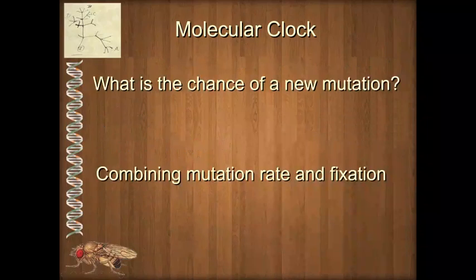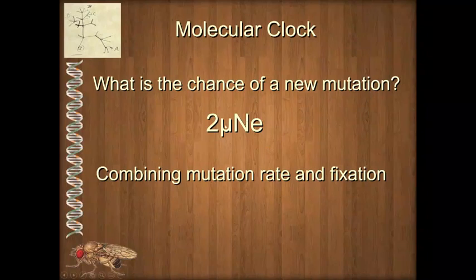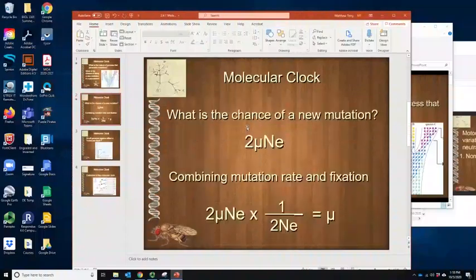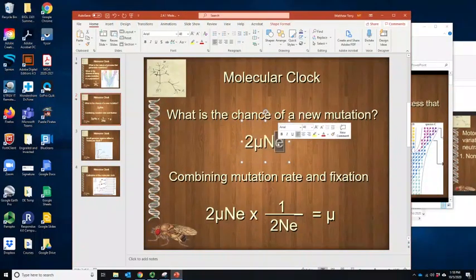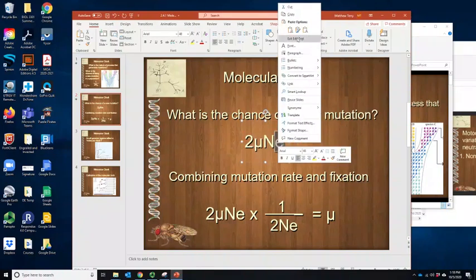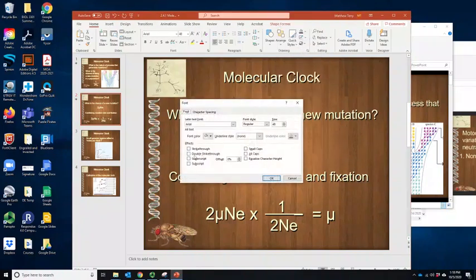Okay, so if we look at the chance of a new mutation, we have this fairly simple equation here. So you're already familiar, again, just to be clear, I guess when I transfer this over, I don't think all my subscripts came through. So let's make sure that, because this is the standard notation, all of them are subscripts here, all the E's.